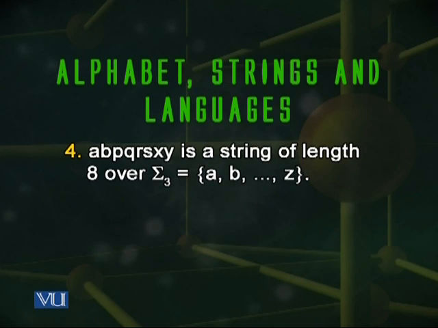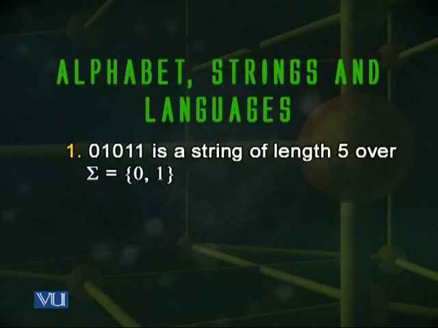Another thing to notice about strings is that it is an ordered sequence. There is a concept of the first character, followed by the second character, followed by the third character, and so on. So for example, if we look at the string 01011, 0 is the first character or first symbol in the string. 1 is the second symbol in this string.